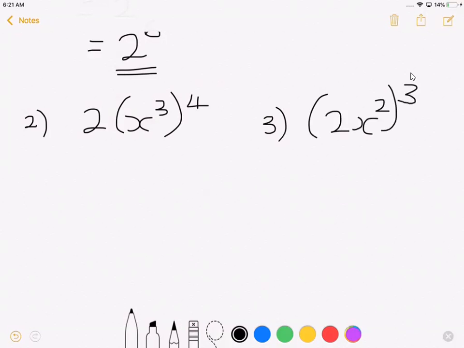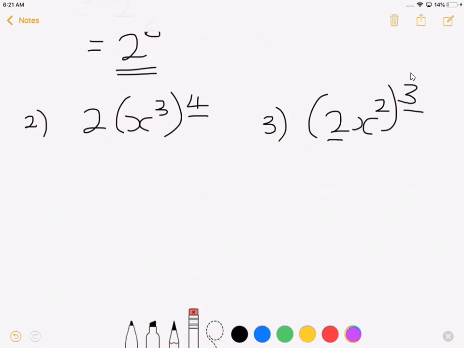In the first one, which is number 2, 4 is not affecting 2, because 2 is outside the bracket. And for number 3, 3 is affecting 2 because it is inside the bracket. Can you see the difference? Number 2, 4 is not affecting 2 because it is outside the bracket. And for number 3, 3 is affecting 2 because it is inside the bracket.